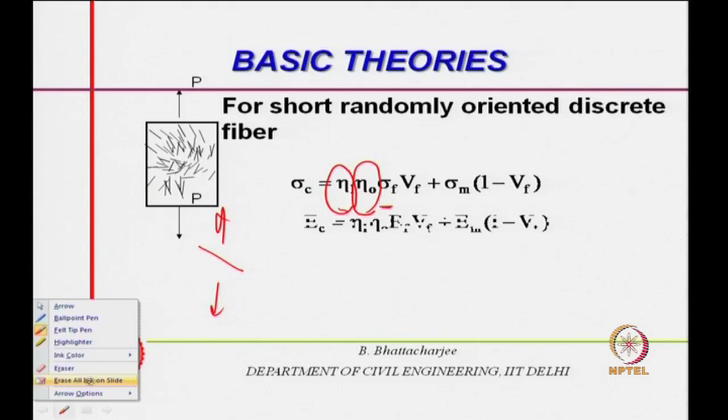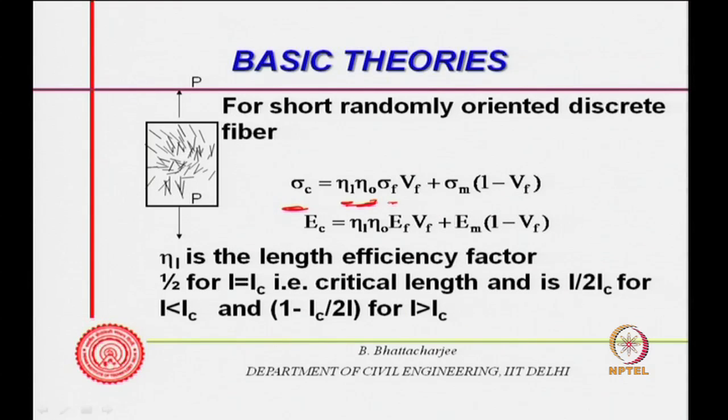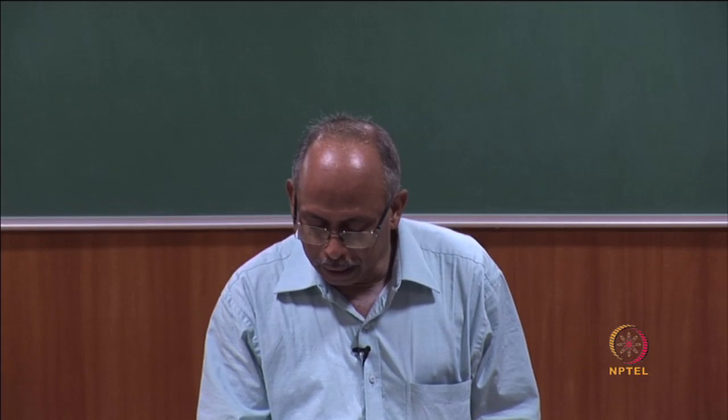Therefore, the stress now will be the orientation efficiency factor and length efficiency factor multiplied by sigma f V f. This sigma f has to be multiplied. Sigma m, there is no problem, it is the same, but this part I have to multiply, as all the fibers will not be effective. So, I multiply by an orientation efficiency factor and length efficiency factor to get the composite stress.